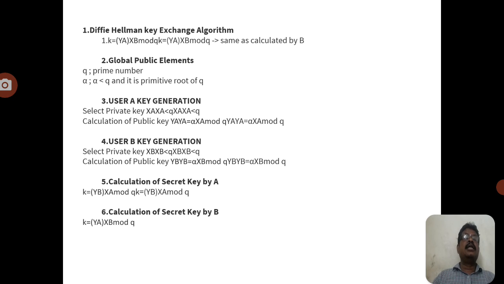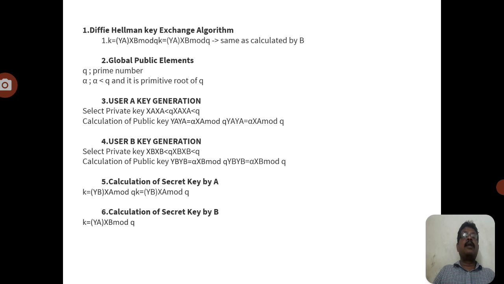User A selects a random integer XA, user B selects a random integer XB, user A computes the public key value YA equals alpha power XA mod Q, and similarly user B calculates YB, where YB equals alpha power XB mod Q. So XA and XB are the private numbers, YA and YB are the public numbers.